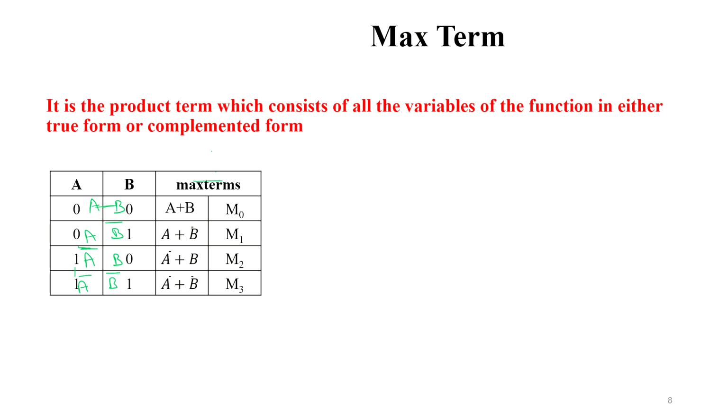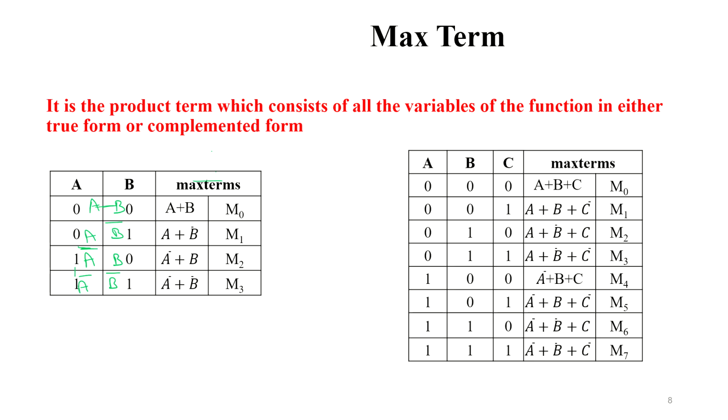That will be given by capital M. Similarly for 3 variables, that would be A, B, C, then A, B, C bar, and so on. This is how we can write the minterms and maxterms.